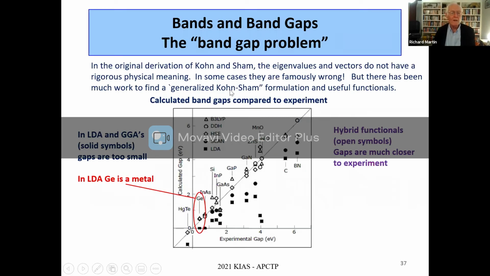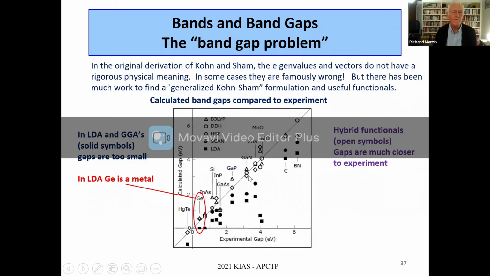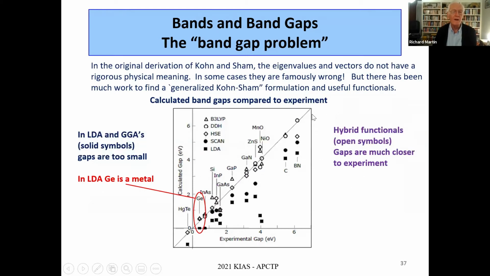If we look at whole classes of materials and consider the improvement in the band gaps, we can look at it this way. This is a plot with each material plotted with its experimental gap, and calculated gaps using various methods plotted vertically for a given material. An exact calculation would have the dot lie on this 45-degree line, which means the calculated and the experimental gaps agree.